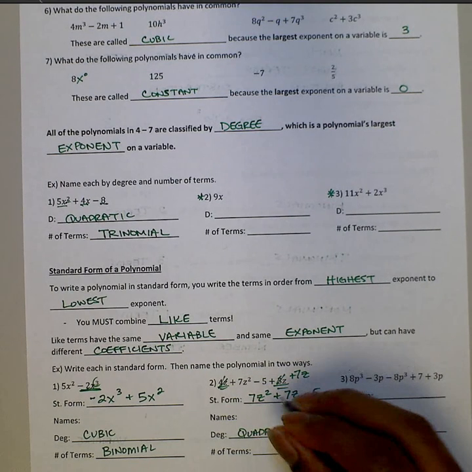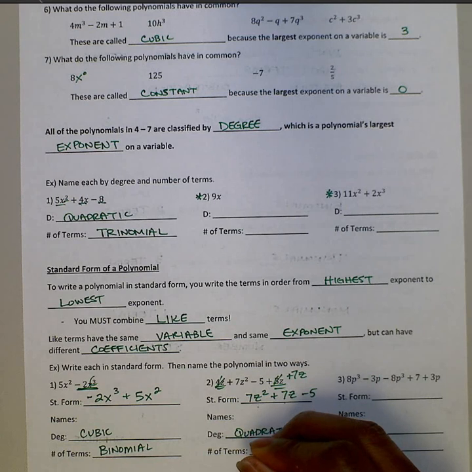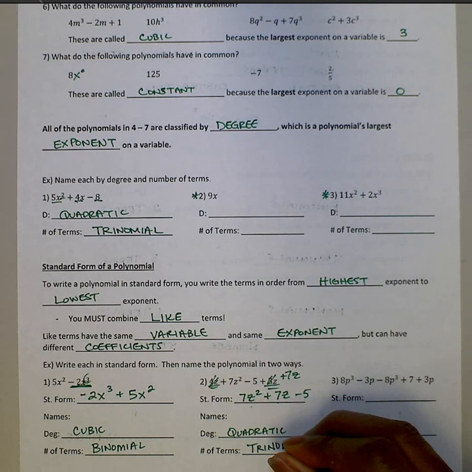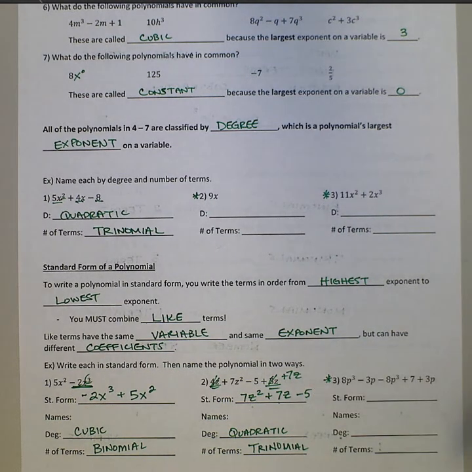There are 1, 2, 3 terms, so we call it a quadratic trinomial. Alright, try that out for number 3. Remember, combine like terms, order from highest exponent down to lowest exponent, and then name the polynomial based off of its degree and number of terms.